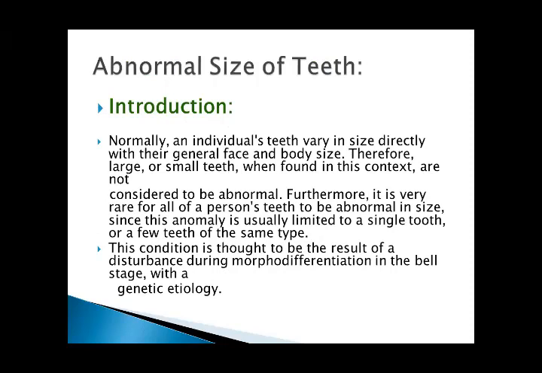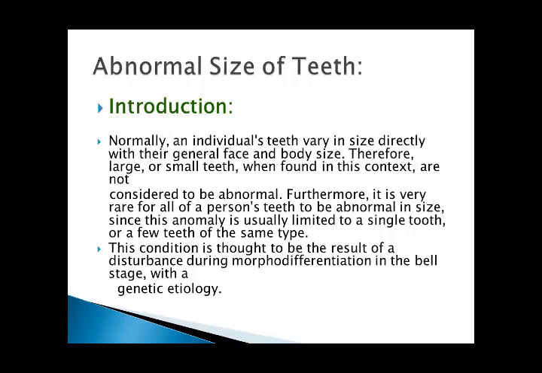Abnormal size of teeth. Normally an individual's teeth vary in size directly with their general face and body size. Therefore, large or small teeth, when found in this context, are not considered to be abnormal. Furthermore, it is very rare for all of a person's teeth to be abnormal in size.